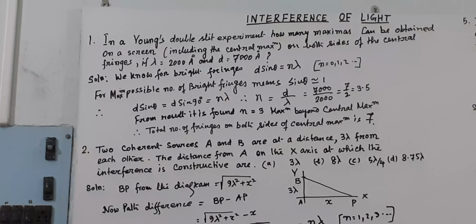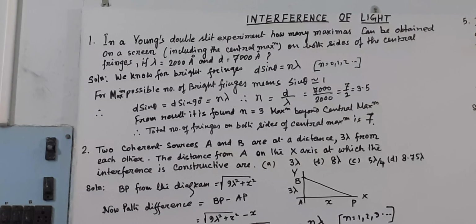Now in the first problem: in a Young's double slit experiment, how many maxima can be obtained on a screen, including the central max, on both sides of the central fringe? Lambda is 2000 angstrom and small d, the distance between the slits, is 7000 angstrom.